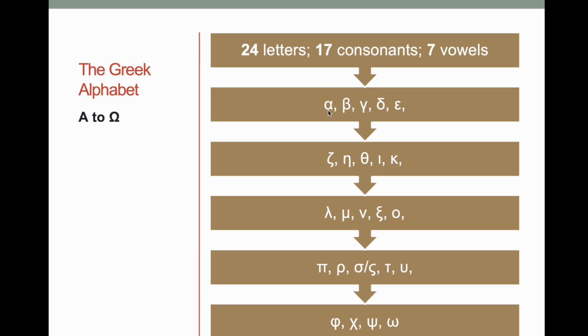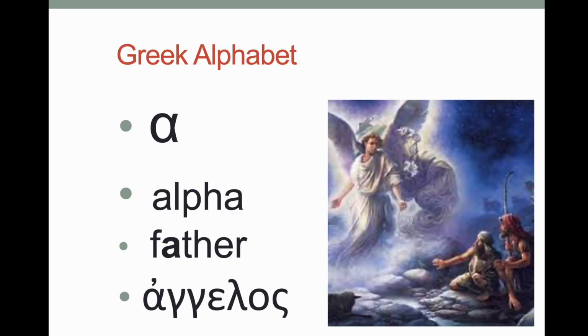We'll begin with alpha, beta, gamma, delta, epsilon, zeta, eta, theta, iota, kappa, lambda, mu, nu, xi, omicron, pi, rho, sigma, tau, upsilon, phi, chi, psi, and omega. Those are the 24 letters of the Greek alphabet. Let's walk through each one of them.